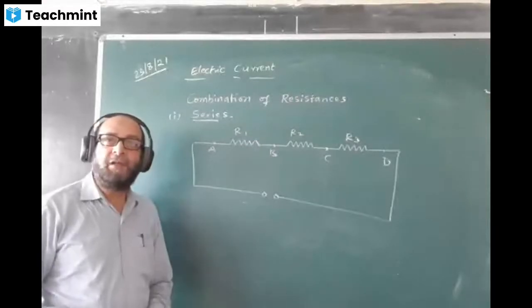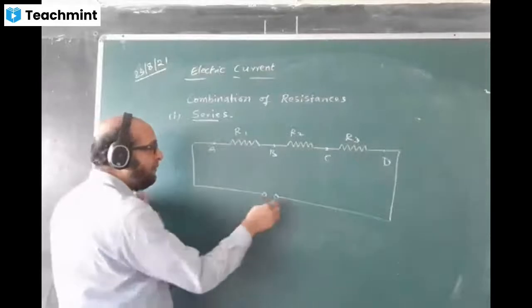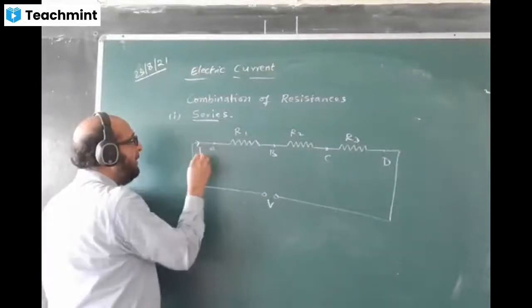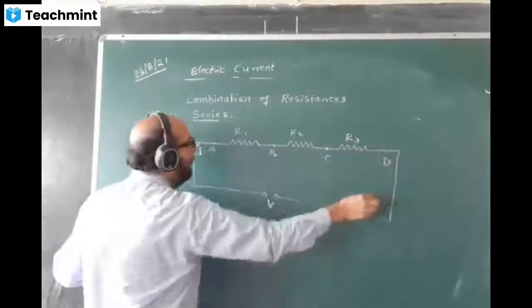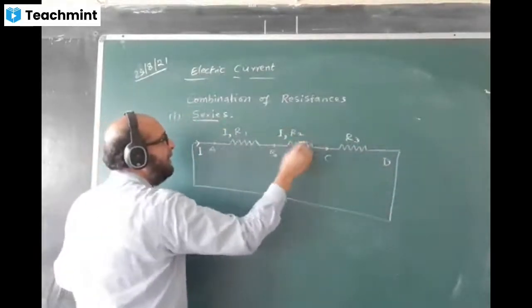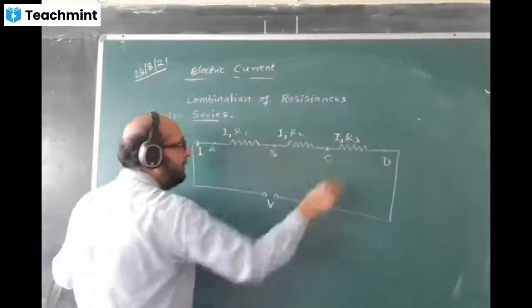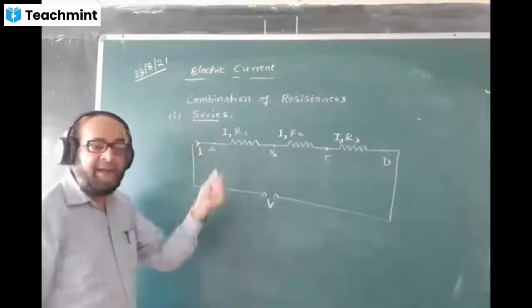In series combination, what happens? We apply an overall voltage V here, current I flowing, the same current will flow everywhere. Current will not be divided.